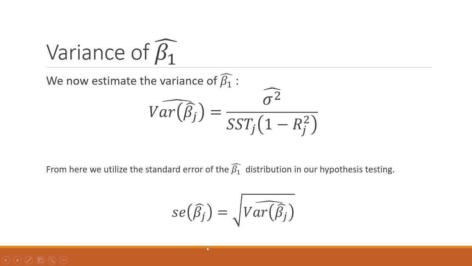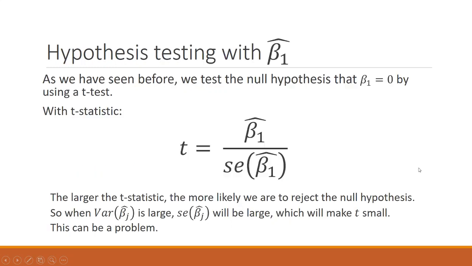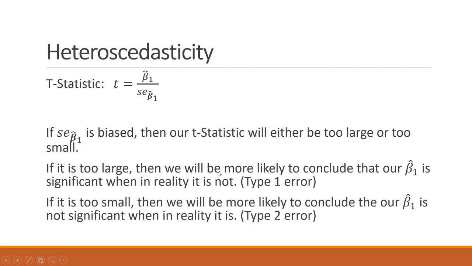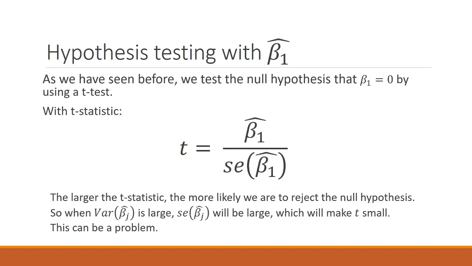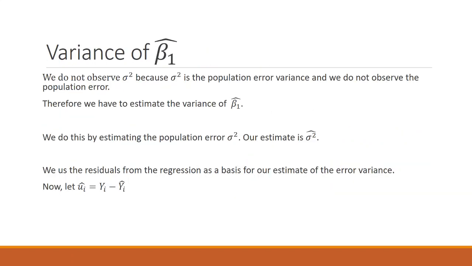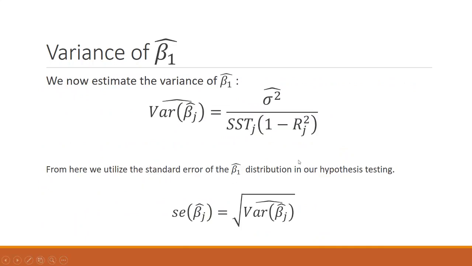We use that to create the standard error of our coefficient estimate, which we then use in generating our t-statistic. So what happens is that when we have heteroskedasticity, that will disrupt the estimate of our variance, because now the variance of the error term is not constant.